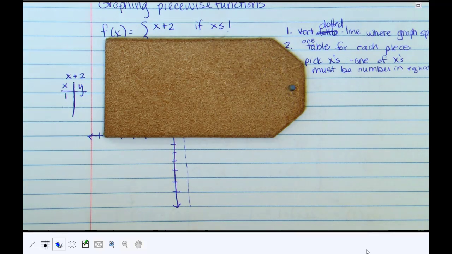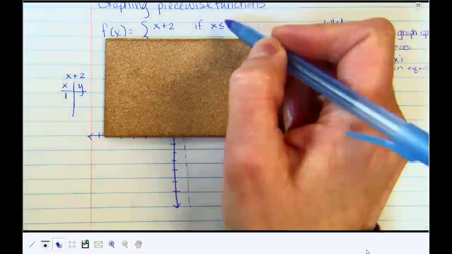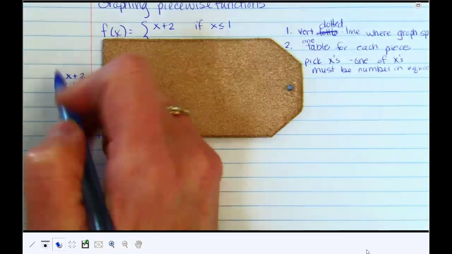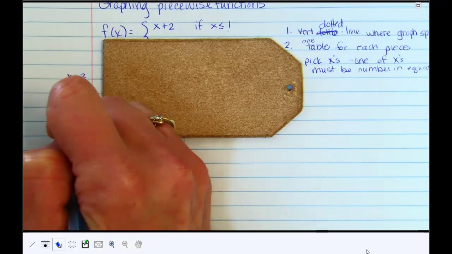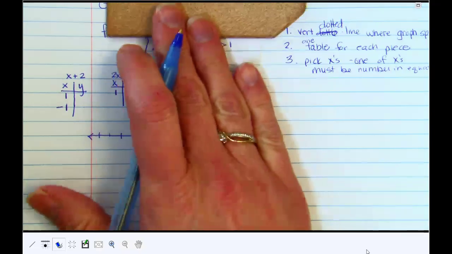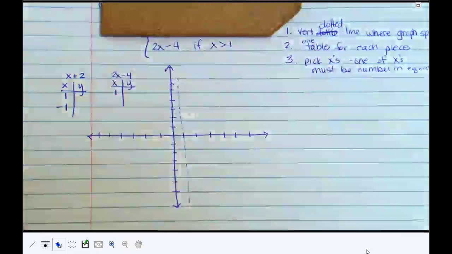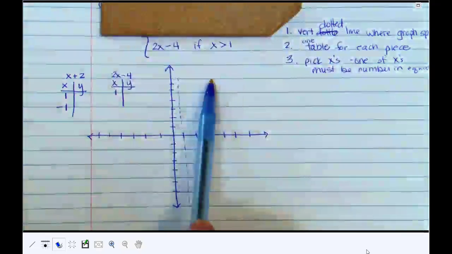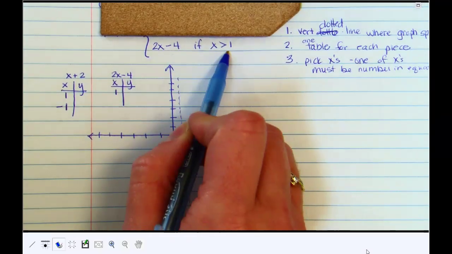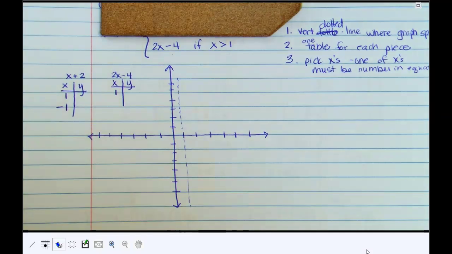Let's make it easy for us. 0, negative 1, negative 2, any number that is less than 1. I'm going to go negative 1 because I want to. Now, if we look at the other one, what has to be true about our x's? More than 1. So for 2x minus 4, the x's have to be more than 1. So what are you going to pick? 2. Okay.